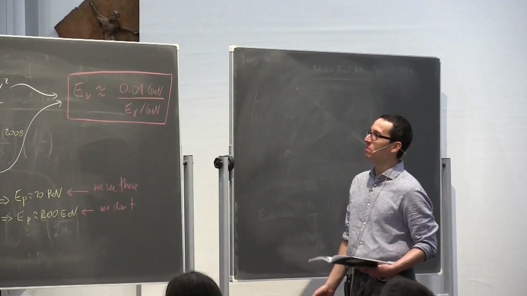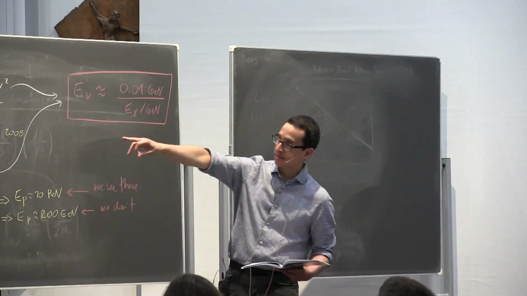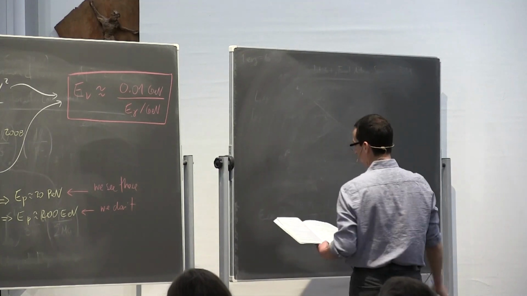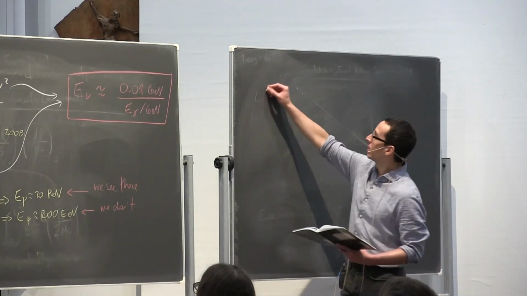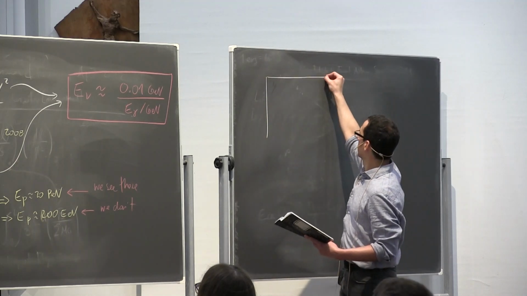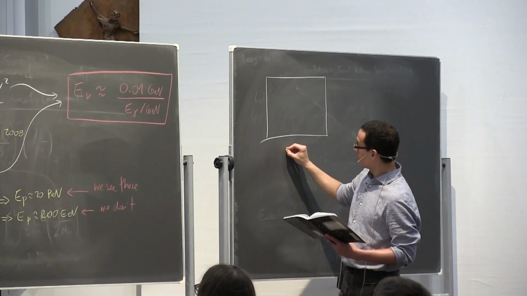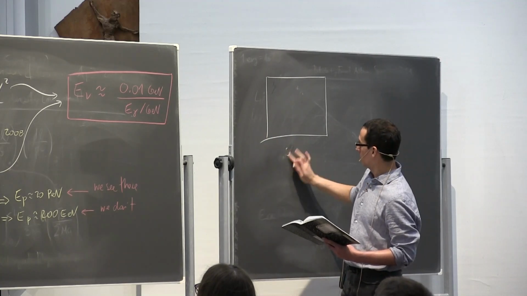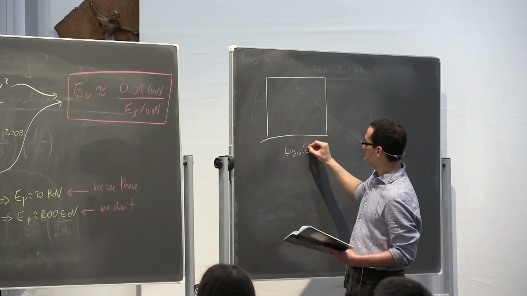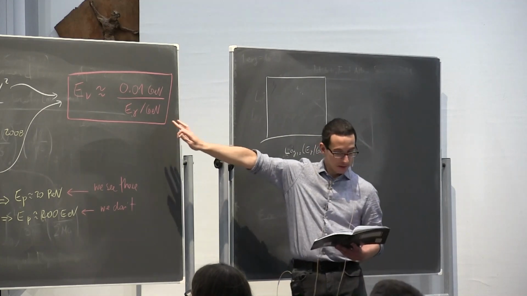Okay, so let's go back to what we were talking about yesterday. We talked about the CMB and the extragalactic background light as the photon backgrounds for the protons to interact on. Let me redraw it roughly again here. So we had the photon energy. I'm going to write it in log scale, like yesterday. Log 10 of the photon energy in GeV. So the same units that we're using here.